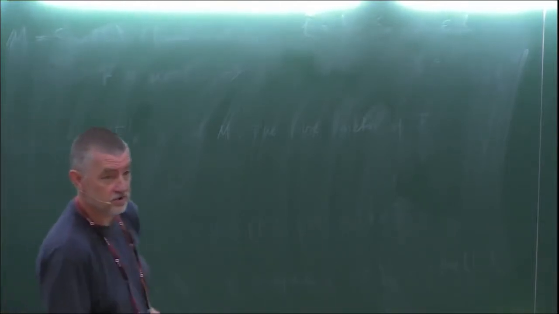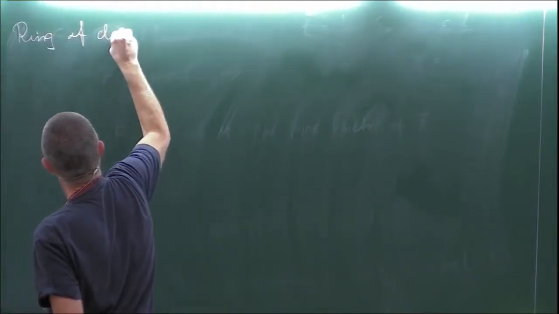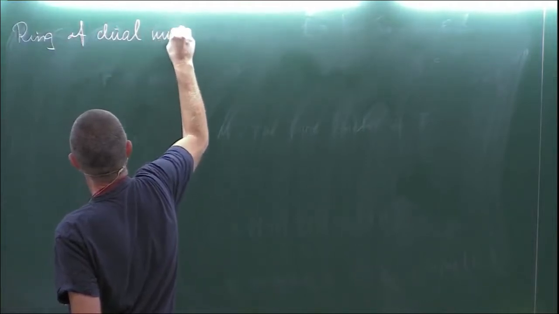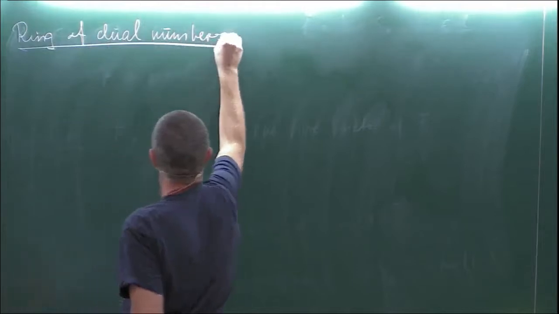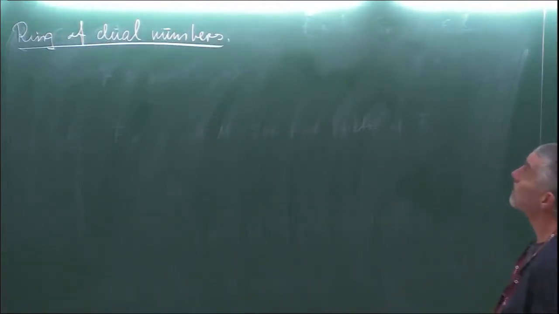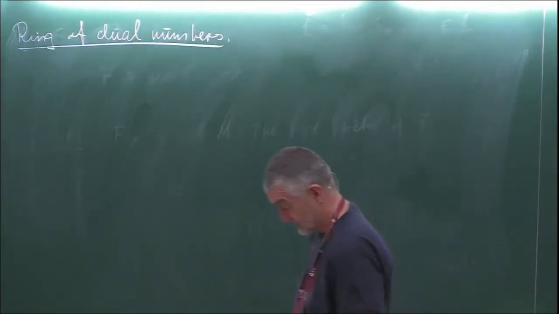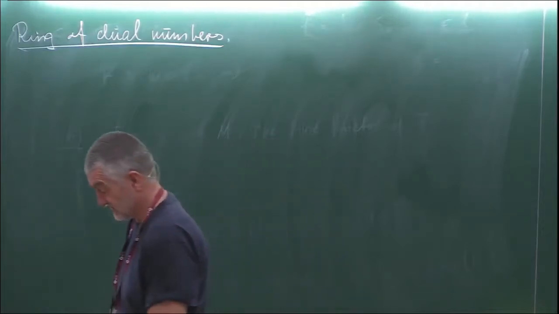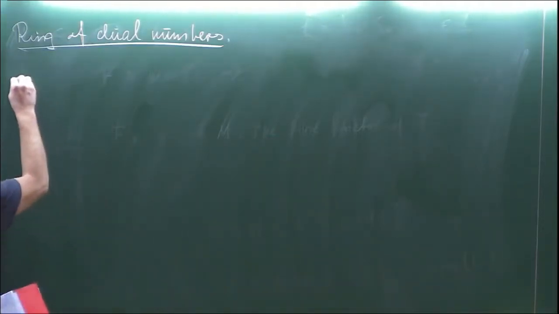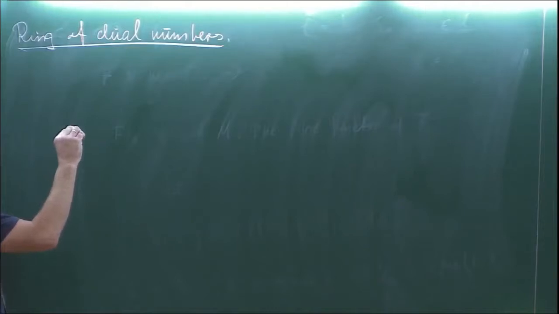Now I want to tell you what the ring of dual numbers is. Let's start in the commutative case again, so you see where this comes from.